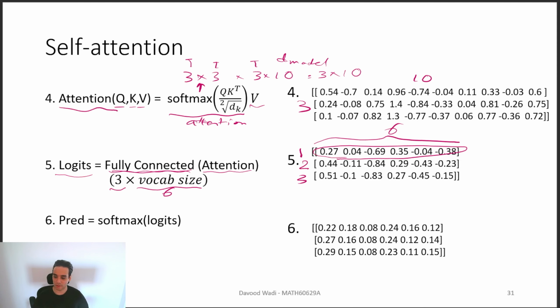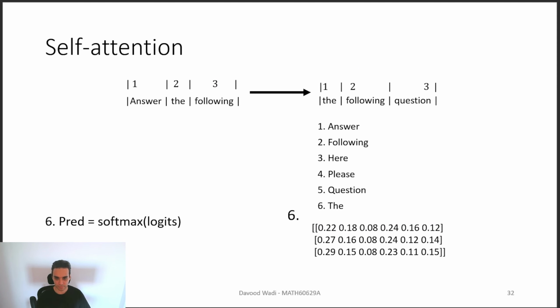So these are logits, so they can be unbounded, negative, positive. To turn them into probabilities, we'll pass the logits to a softmax, and these are the probabilities. So this is the probability that the first output is the first word in the vocabulary, second word, third word, all the way to the sixth word. So now we can actually see what the predictions are.